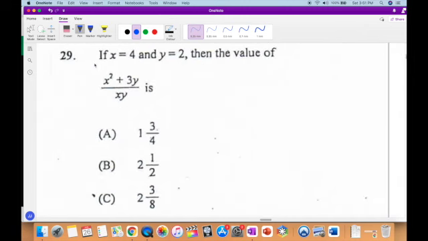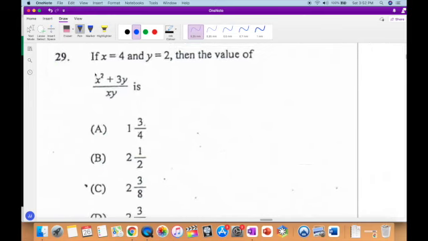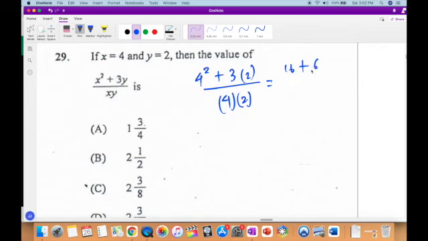If x is equal to 4 and y is equal to 2, then the value of that is, well, this is a pretty easy one, right? X is equal to 4, so that'll be 4 squared plus 3y, y is equal to 2, all over 4 times 2. So 4 4s are 16 plus 3 2s are 6, all over 4 2s are 8.